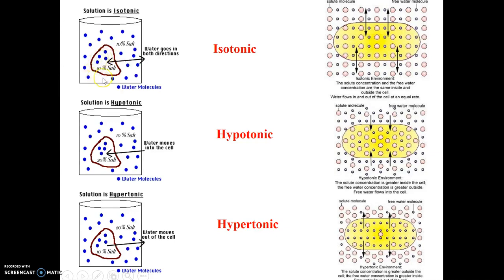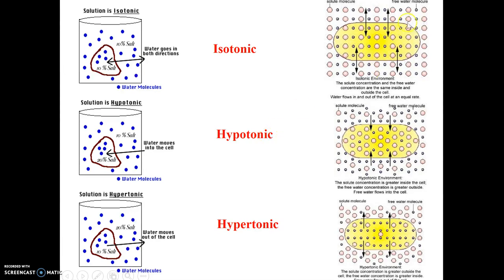And then inside the cell we have a 10% salt solution, or a 10% solution. So in this case, they're equal on both sides. Water's going to move in and out freely. Nothing happens to the cell. It's at equilibrium. This is what cells want. They want to have water going in and out at even rates, so nothing happens to them.